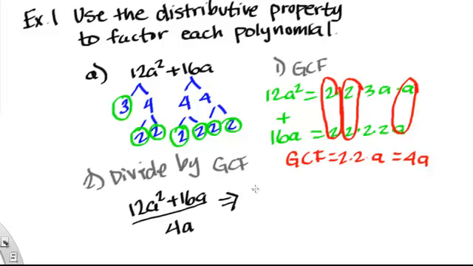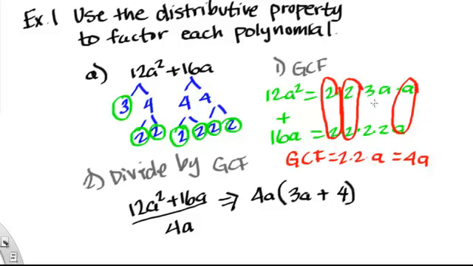My answer will have a 4a on the outside, and then in parentheses will be the result of the division. So 12a squared divided by 4a will give me 3a, plus 16a divided by 4a is 4.